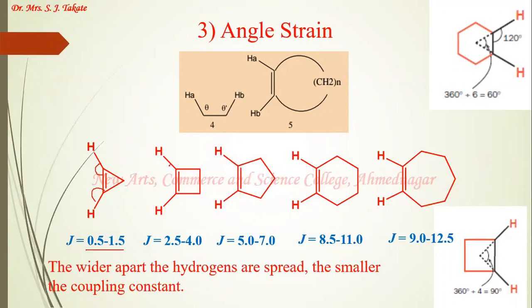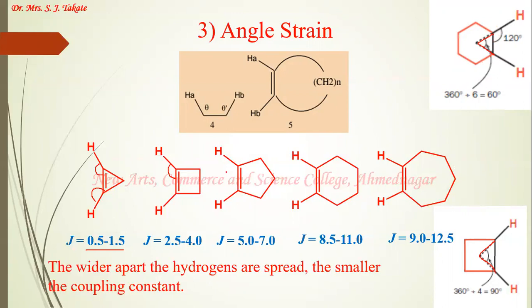See, for a four-membered ring, the bonds are a little bit closer to one another. Let us see how this effect works. For a four-membered ring, if you see, the angle in the plane is 90 degree, as this angle is 90 degree, while for a six-membered ring it is 60 degree. That is, as the ring size increases, the bonds are coming closer to each other.